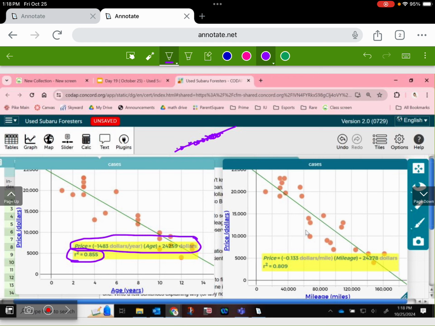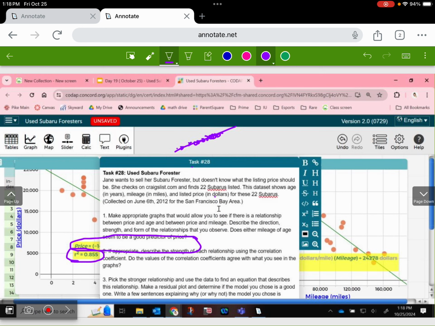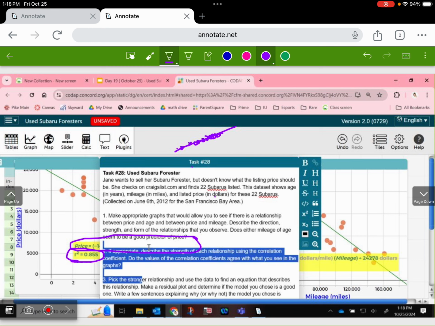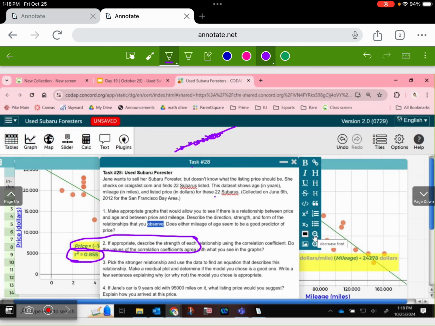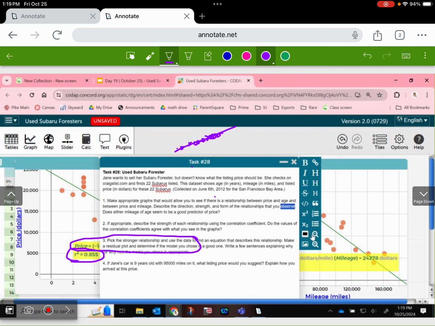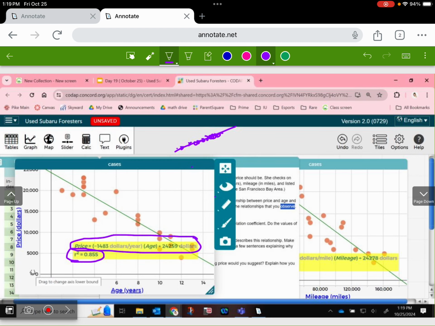I get the words from behind because I'm not actually seeing it. Oh, if Jane's car is 9 years old, using our equation that we got from our line of best fit, what should she price her car at?